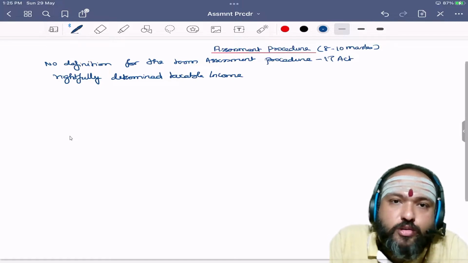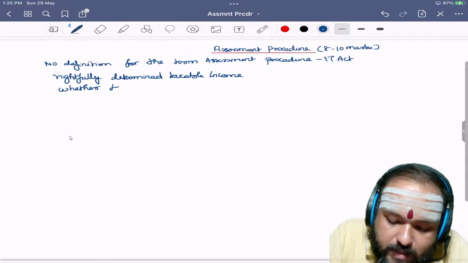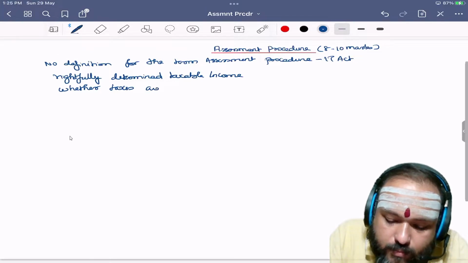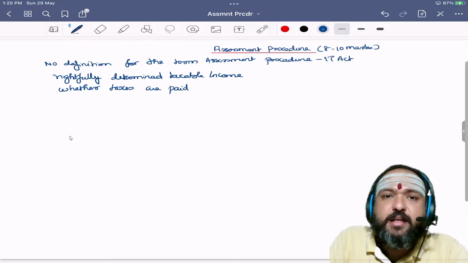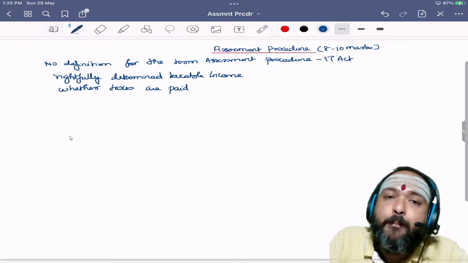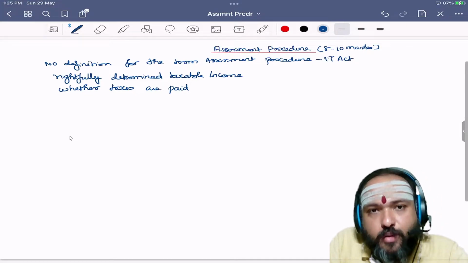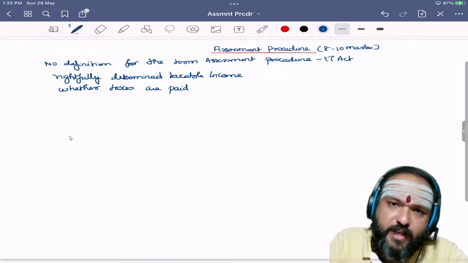And it is also to see whether taxes are paid. Okay, and further in the assessment procedure, the department also checks whether you have complied with the provisions of law whenever you claim a reduction of any expenditure or exemption of any income.